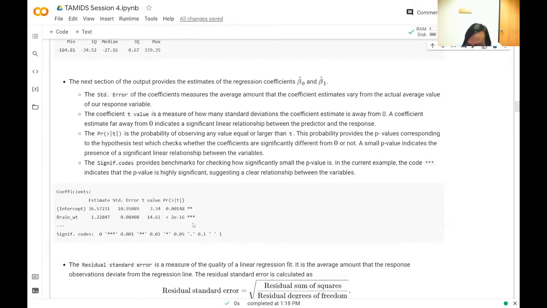So if this p-value is significantly small, that means that this data set is giving us significant evidence that there exists a linear relationship between the predictor and the response. And these levels of significance are given by the significance codes. For example, 3 asterisks show that there is very high evidence that there is a linear relationship between the predictor and the response.